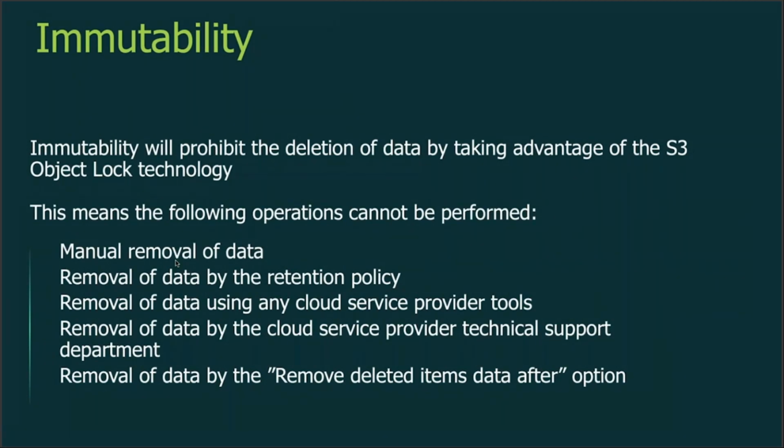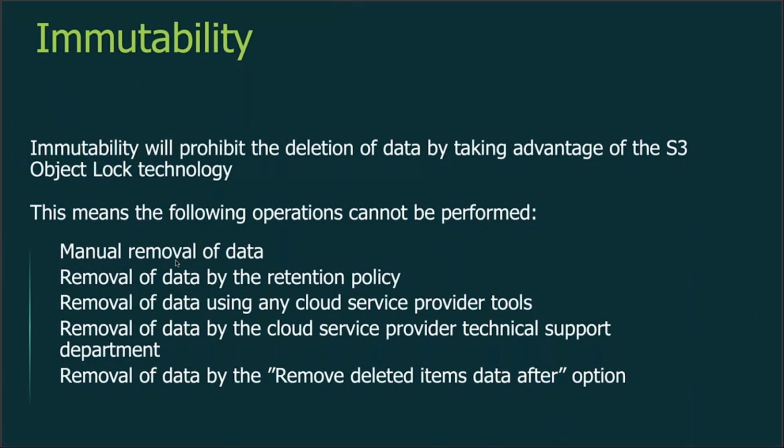If we move on to the next slide, you can see that immutability here is all about prohibiting the deletion of that data and taking full advantage of object lock technology. What it means is that none of these things can be performed. When we have compliance mode enabled and we're sending data there, you cannot manually remove that data. You cannot remove that data via a retention policy. The cloud provider can't remove that data either.